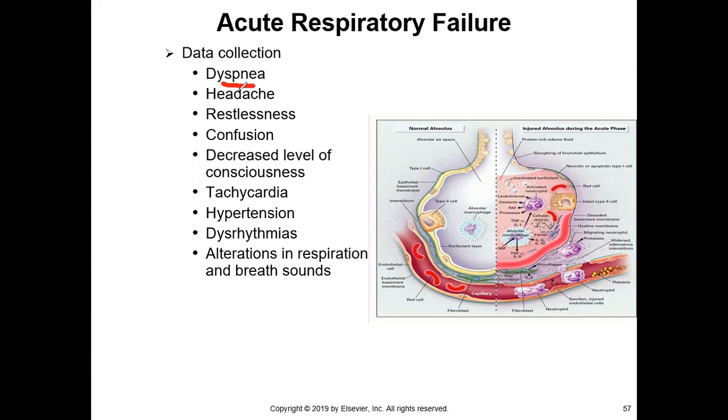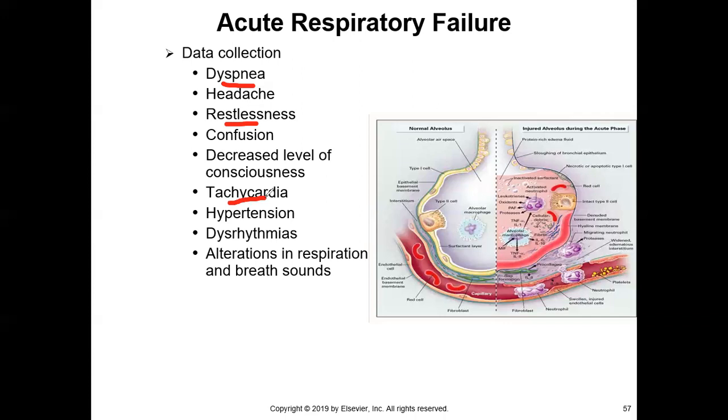When I have shortness of breath or difficulty of respiration, definitely it leads to restlessness. Shortness of breath and restlessness lead to anxiety. Because of anxiety, my heartbeat goes up, which is called tachycardia.